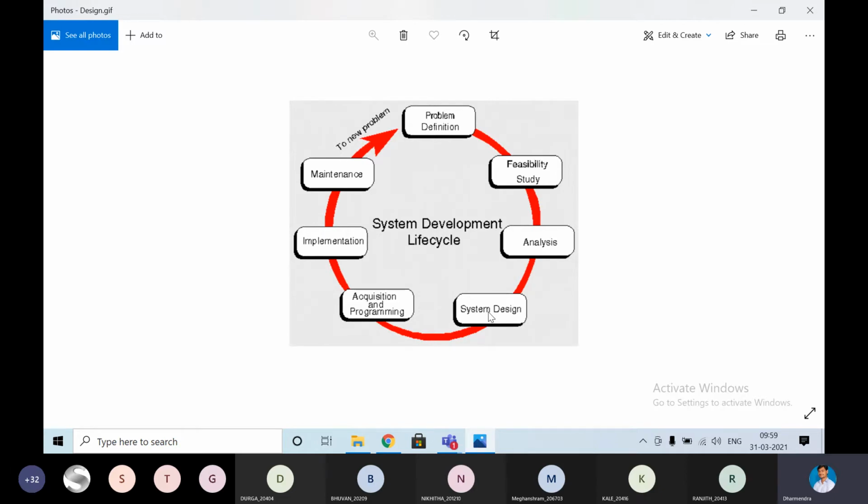This is the main concept we are going to discuss now, the blueprint of the project. Then comes acquisition, meaning programming, we'll do. Based on those diagrams and the studies, we'll write the coding. Then implementation will take place, meaning that will be executed. Okay, if it is working fine.